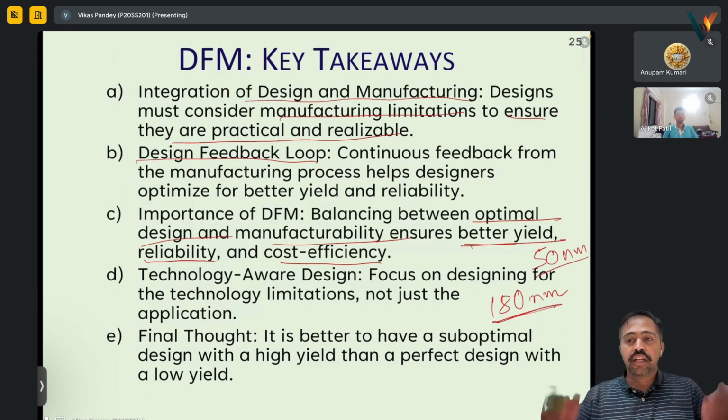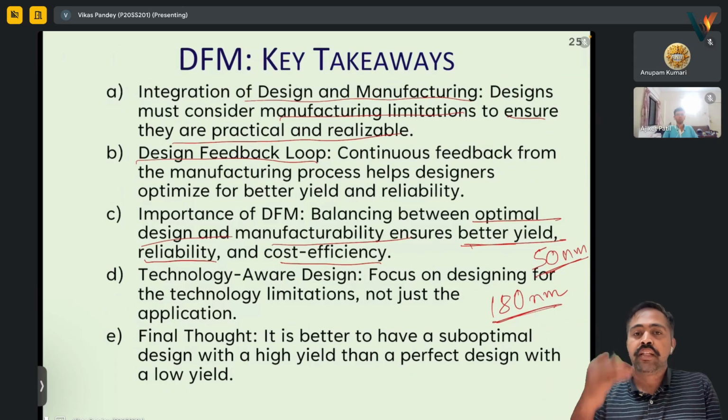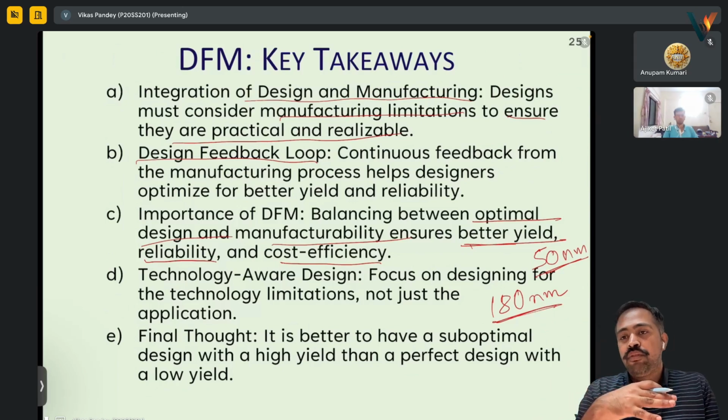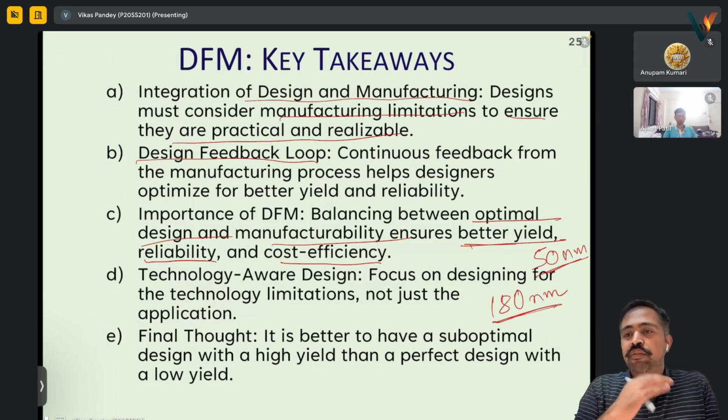But in your facility, it is 180 nanometer. So you will have to design according to the things that are available to you. You might know things of 50 nanometer, but you have to take into consideration your limitations.